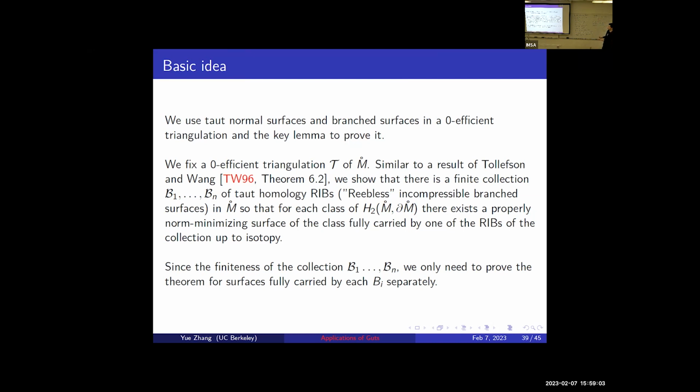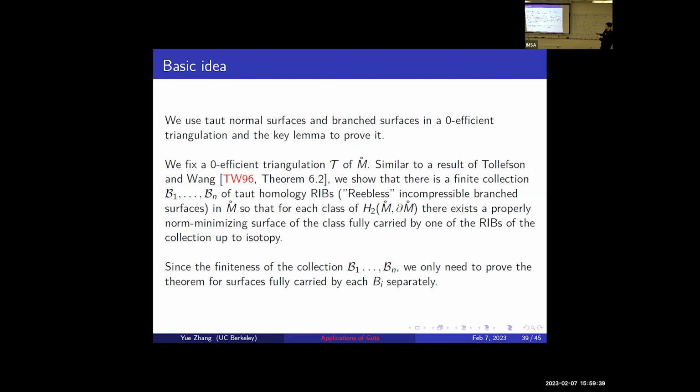And the reason why we want to have this finite collection is that because it's finite, you only need to prove the theorem for surfaces fully carried by each Bi separately. And that kind of transforms the problem from infinite to finite, because the surfaces that are fully carried by a branch surface look the same when you decompose the manifold along the surface.